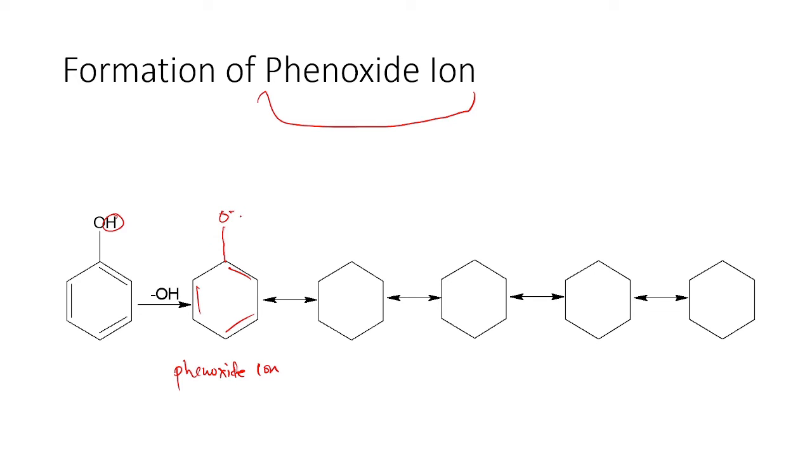So, pwedeng mangyari, magkakaroon tayo ng double bond dito sa ating benzene ring, wherein pwedeng yung isang electron dito sa double bond natin ay pumunta rito sa oxygen, meaning magkakaroon tayo ng double bond. That means that we will have a negative charge in here, and we will still retain our double bonds here.